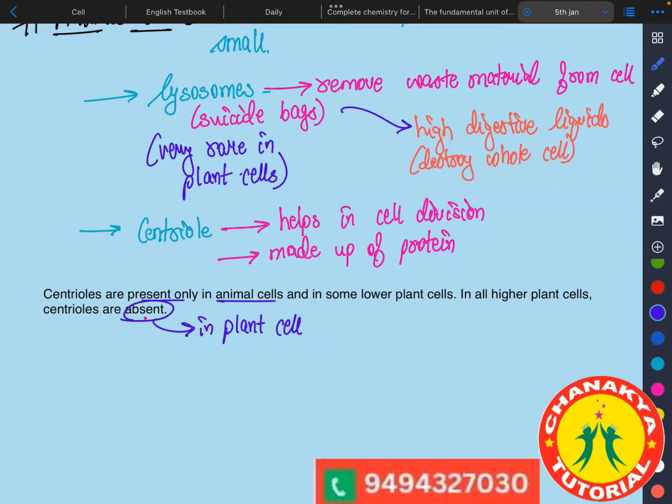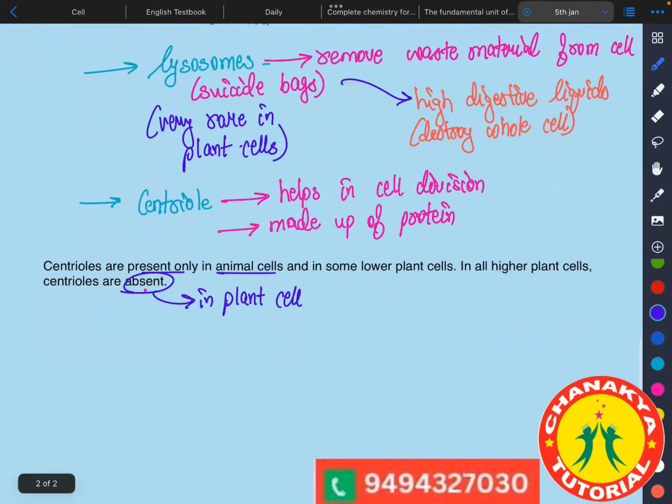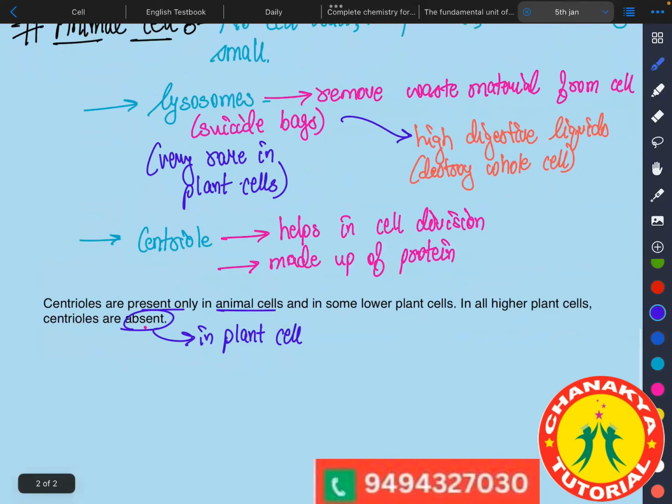Yes, someone was saying something. Sir, vacuoles present in plant cell, will they make the plant cell rigid? Rigid in what way? I don't know if vacuoles are related with rigidity.